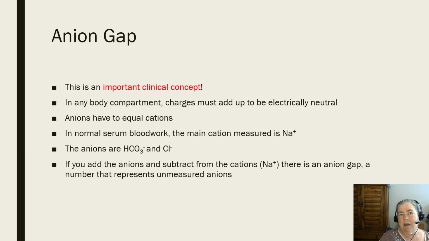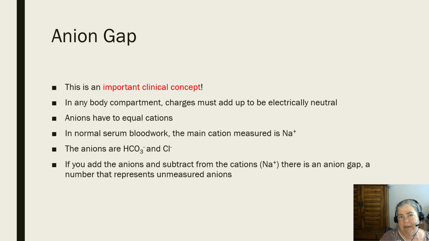Now, I want to talk about a clinical concept we call the anion gap. Clearly, in any compartment, all the charges have to add together to be neutral. Again, on the very tiny levels, we can have changes or differences electrically, but in the bigger picture, everything is neutral.